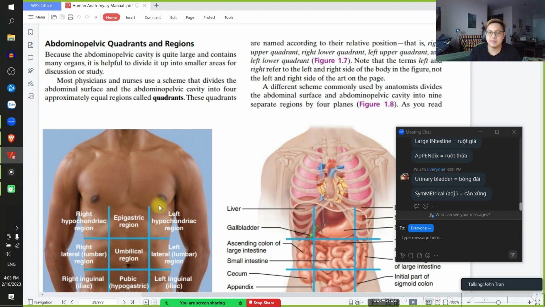Because the abdominal pelvic cavity is quite large and contains many organs, it's helpful to divide it up into smaller areas for discussion and study.